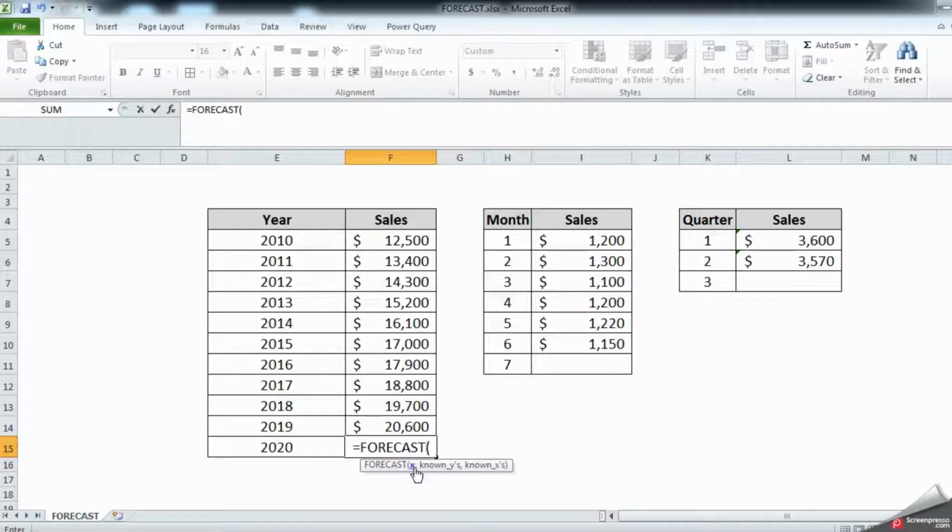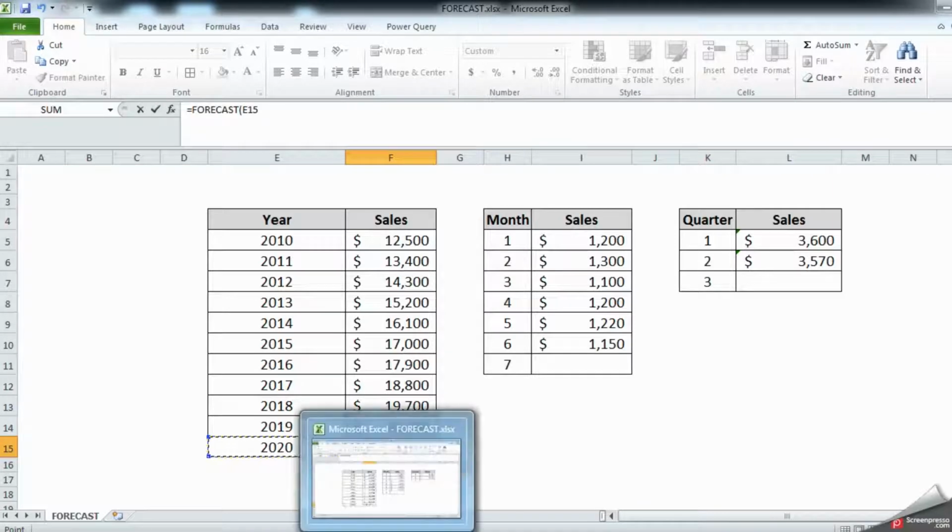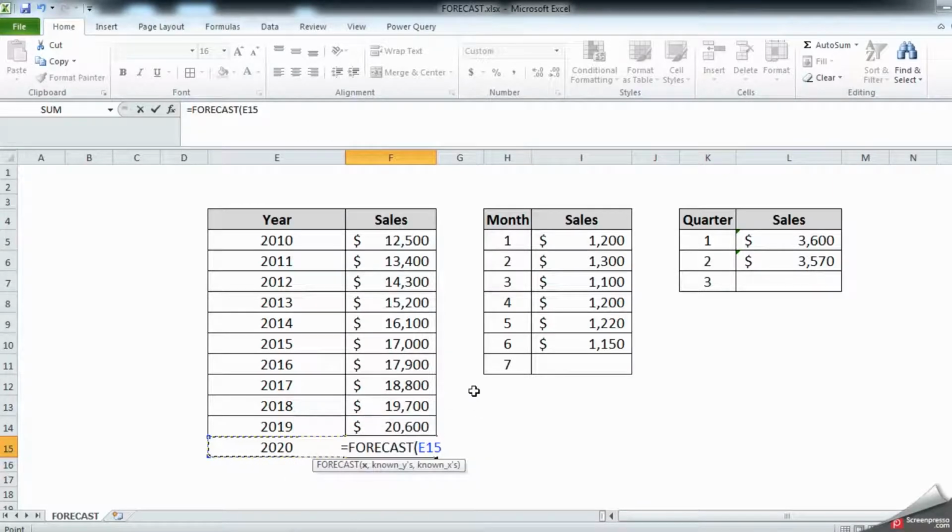So the value is this 2020, because this is what we are trying to get an answer, comma, what are your known y's? So the known y's is in this table. So let's select this range, comma, and what are your known x? Since we are trying to achieve answer for x, so let's select this range and close.